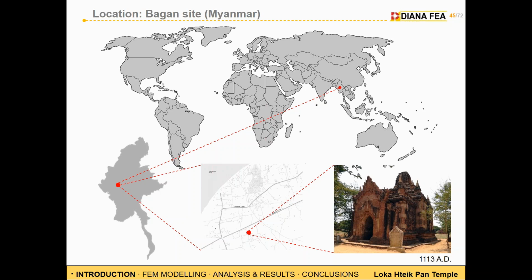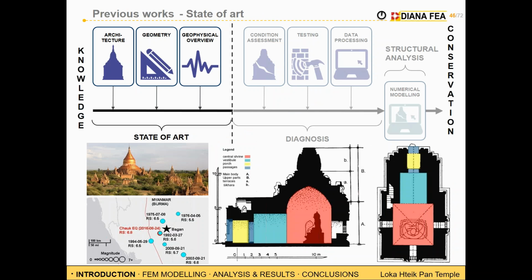As you can see, this temple is quite particular, especially for Western people, and it contains 3 rooms, which are the porch, the vestibule, and the central shrine.